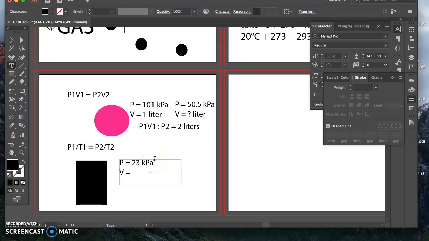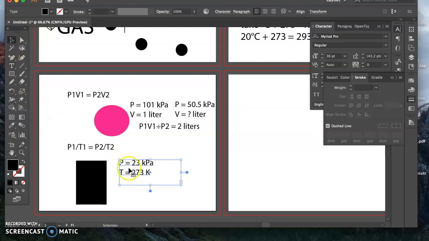The volume is 354 milliliters. And, oops, temperature, sorry, doing pressure and temperature, equals 273 K, so it's frozen.